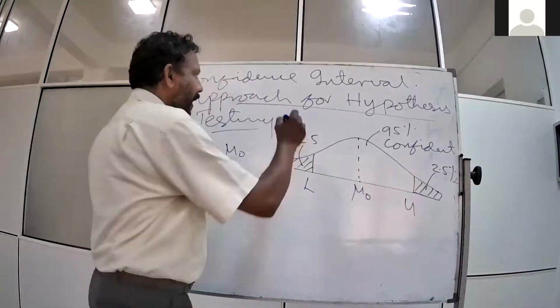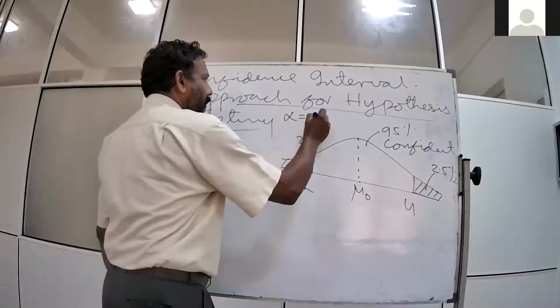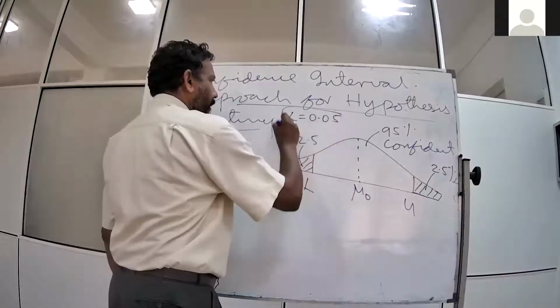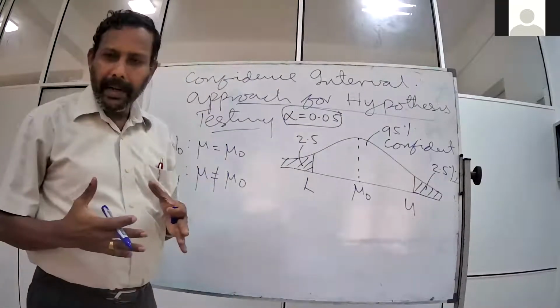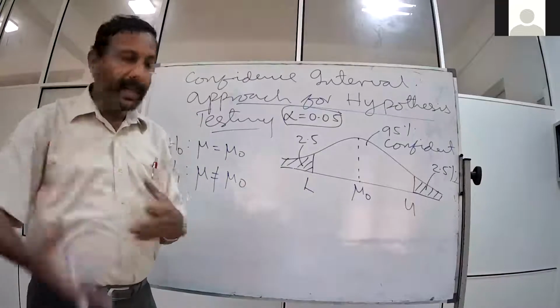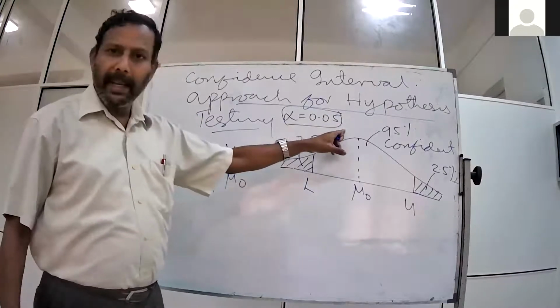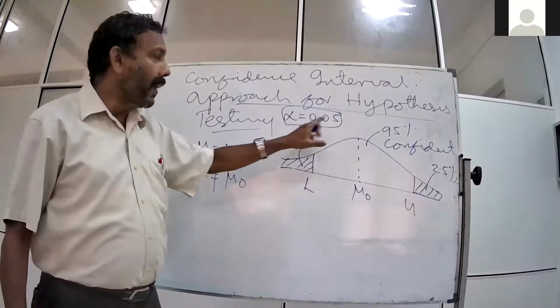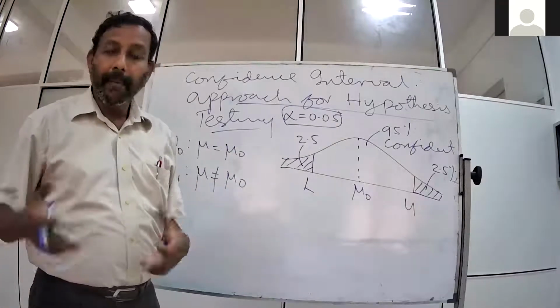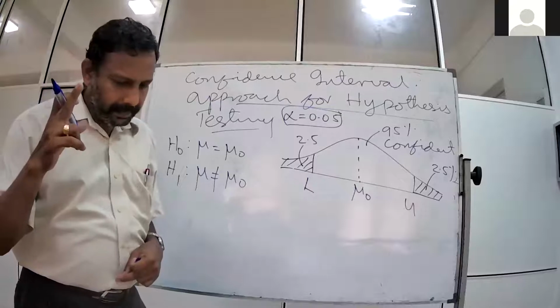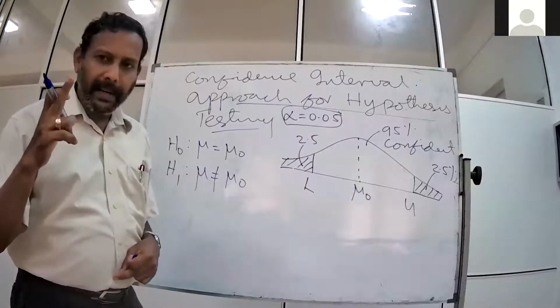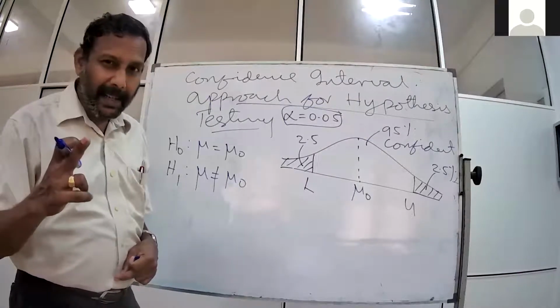So when I say my alpha is 0.05, this is in probability. If you convert that into percentage, you simply multiply by 100. So alpha is 5%.